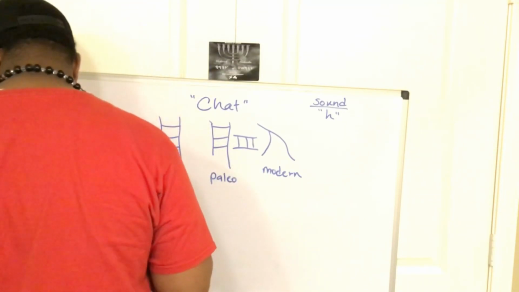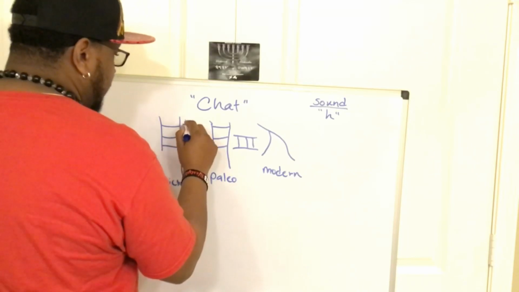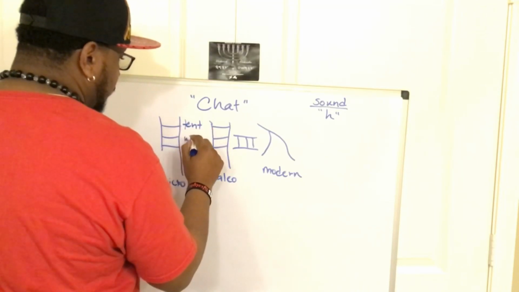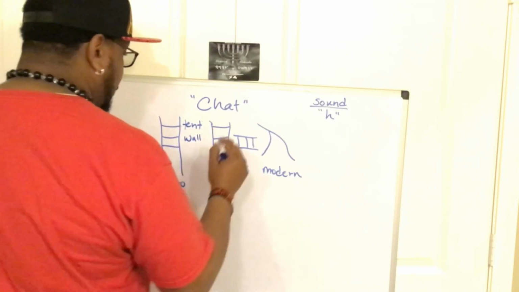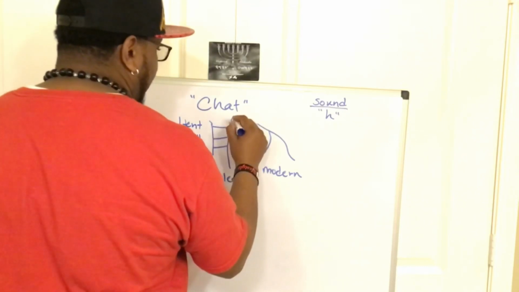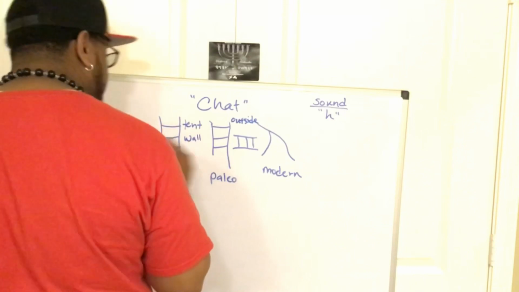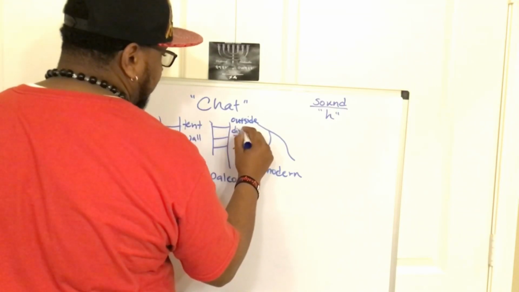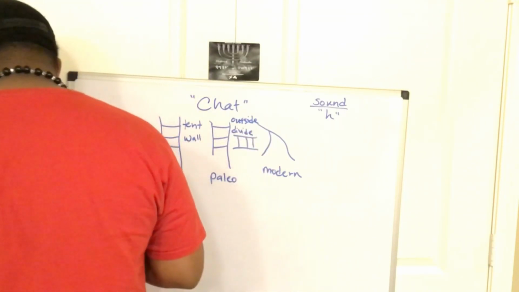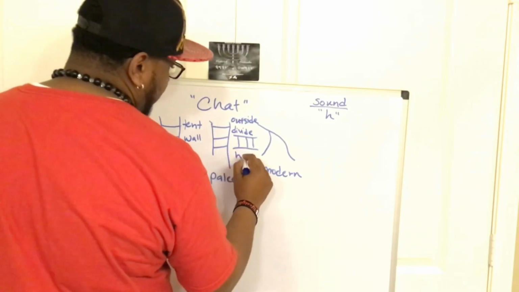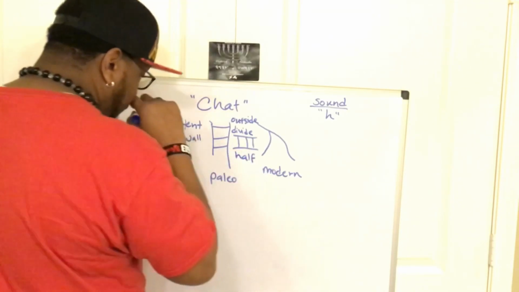That's the hot. And it represents the tent wall. It represents outside. It also represents divide. And just like divide, to split in half.